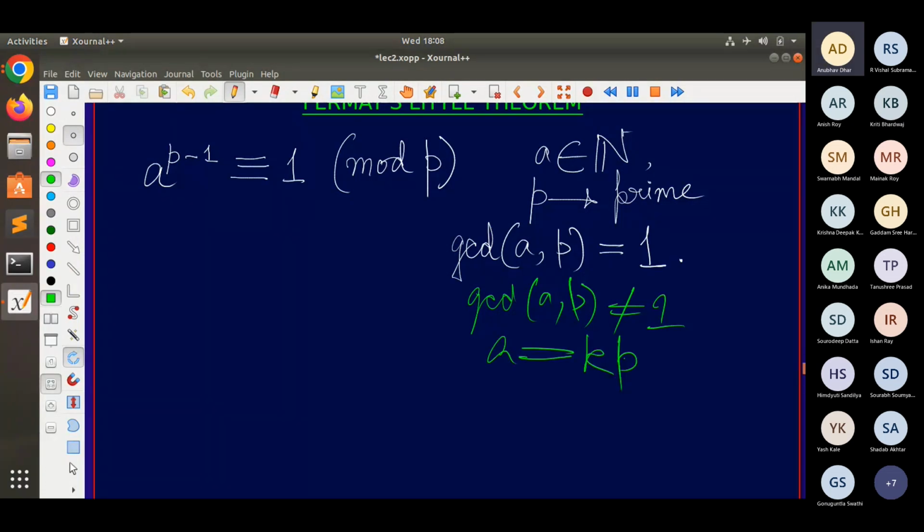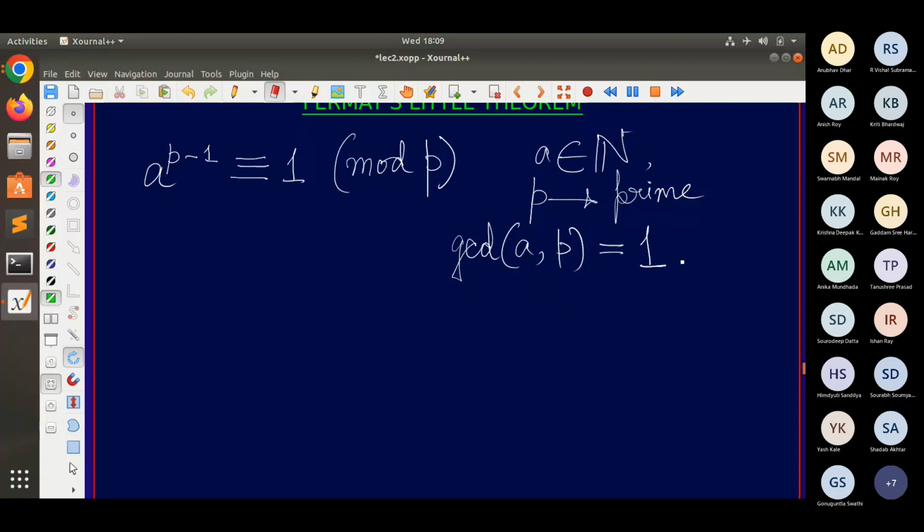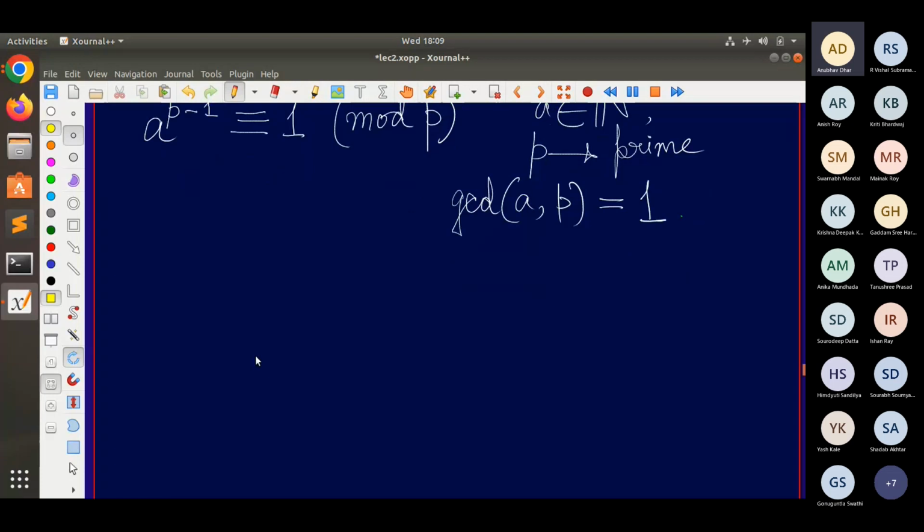So a to the power anything, let's call it alpha, would be congruent to 0 mod p, because this is a multiple of p, and any multiple of p gives 0 modulo p. This is clear, right? Yes. Okay, so I won't be proving this right now, but we'll prove it if we have some time left at the end of the class.